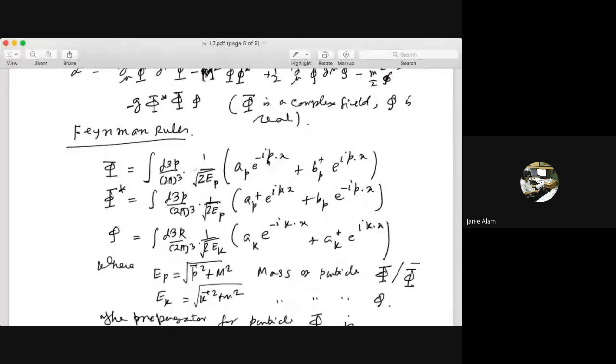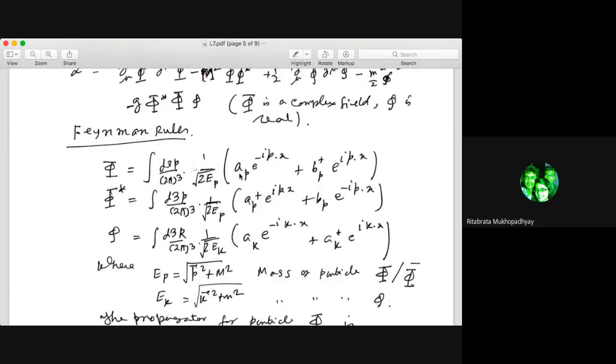They will be u e to the ip dot x or v e to the minus ip dot x, with those spinors u and v. They will appear as coefficients of the annihilation and creation operators. So when you draw the diagrams for the electrons, the external lines will not be unity. They will be either spinors u, v, or u bar, v bar.